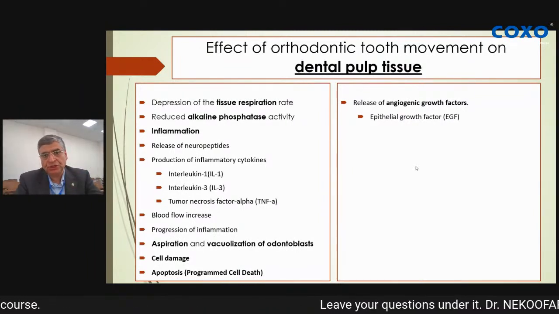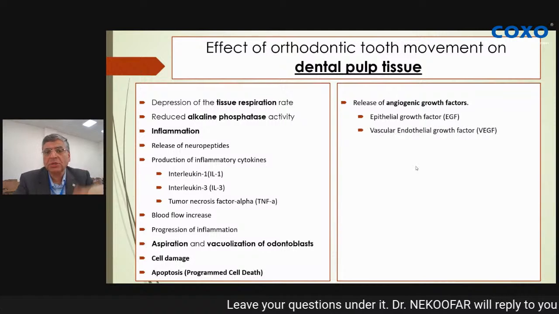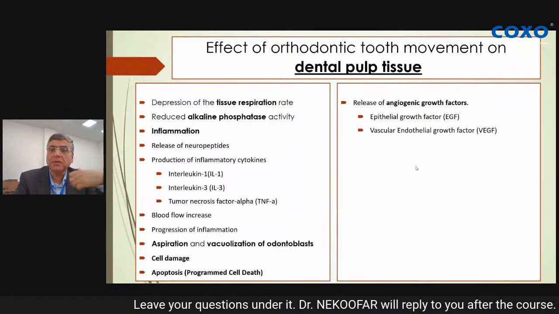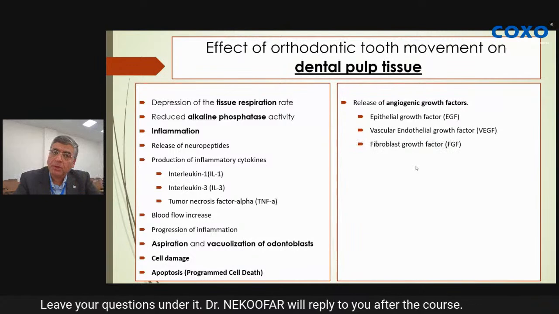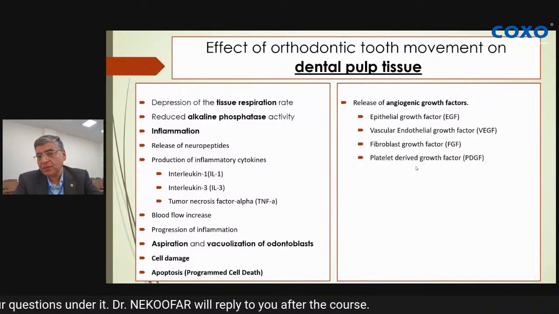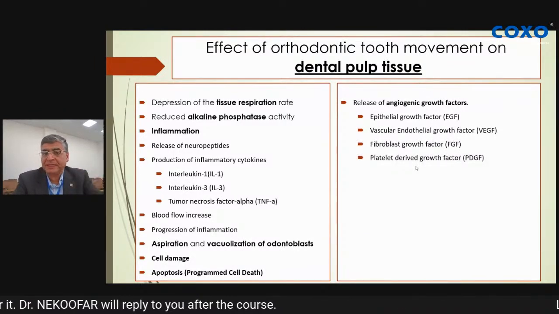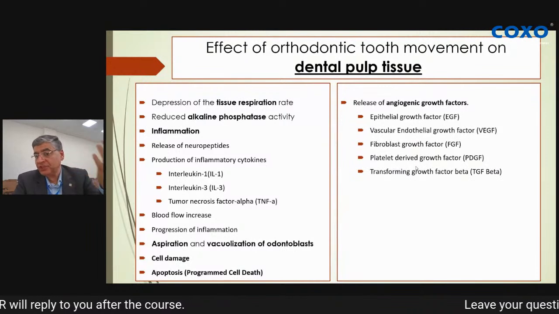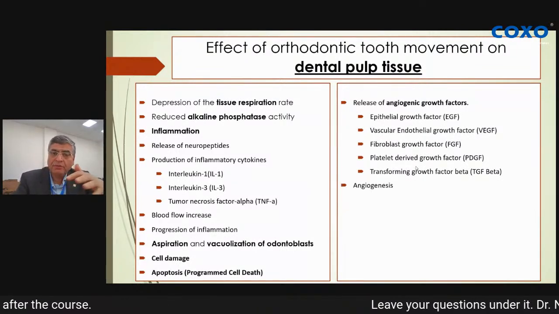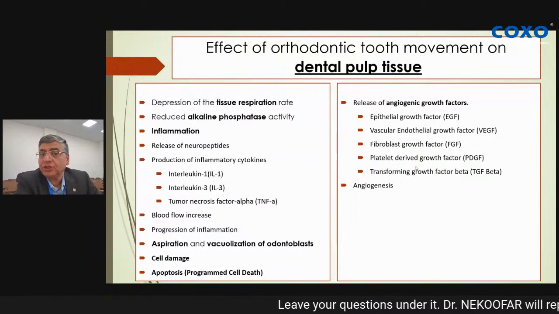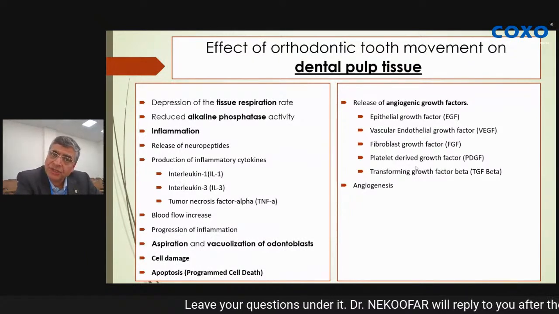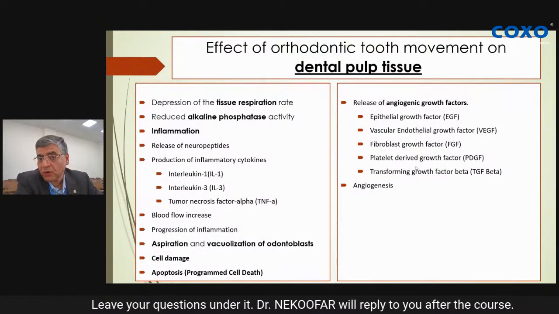So we have EGF, epidermal growth factor, vascular endothelial growth factor, fibroblast growth factor, platelet-derived growth factor, PDGF, and TGF-beta. Then it ends up in angiogenesis. Sometimes angiogenesis is the most necessary thing for us.